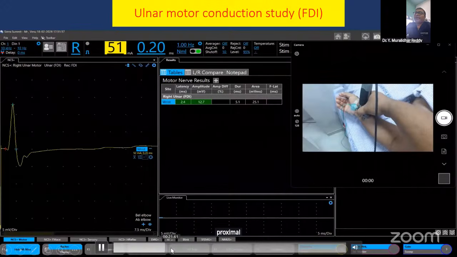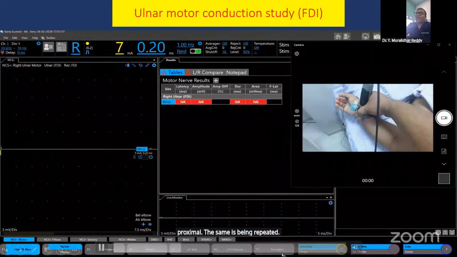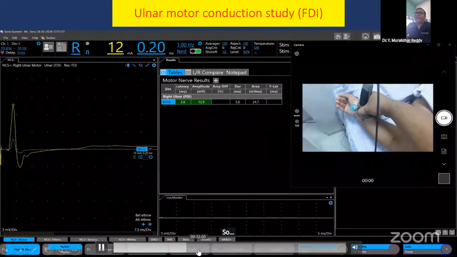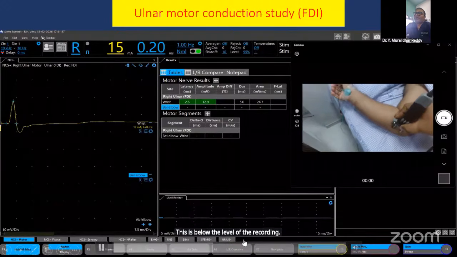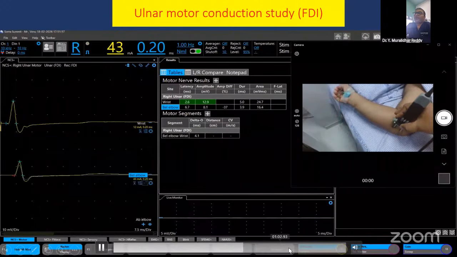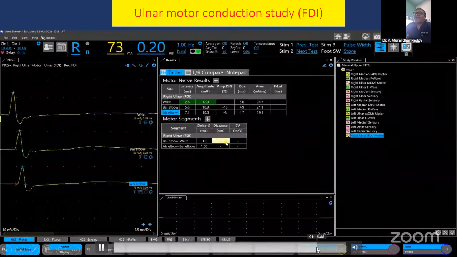The same is being repeated, below the level of the recording, and again proximal to the recording.